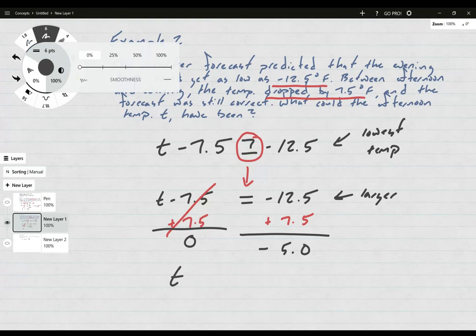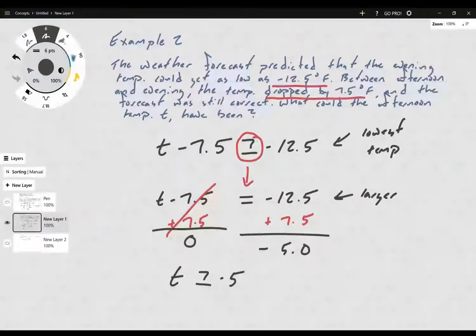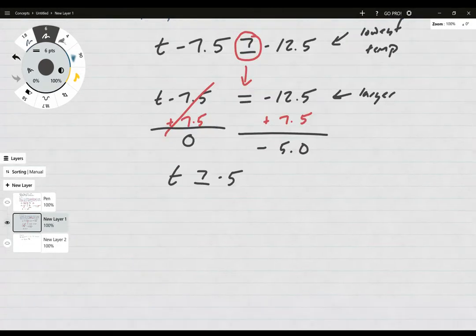So t can be greater than or equal to negative 5 degrees. And there's a way that we can check this. I'm going to draw my number line, because if you're unsure, this is an easy way to do it.